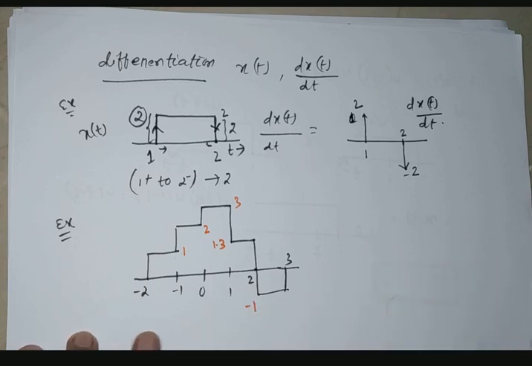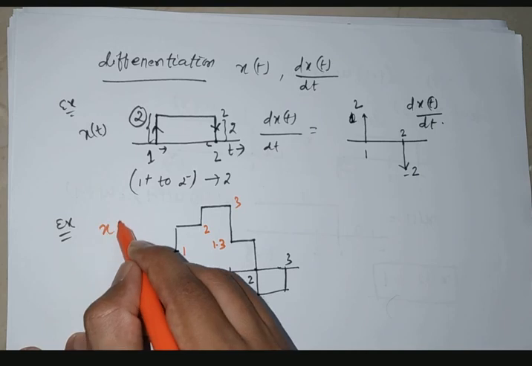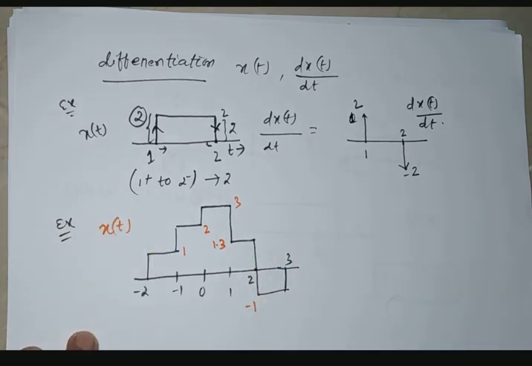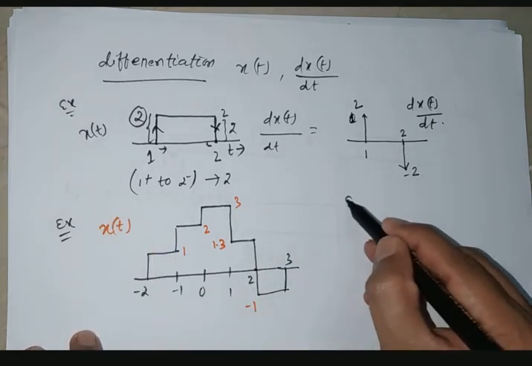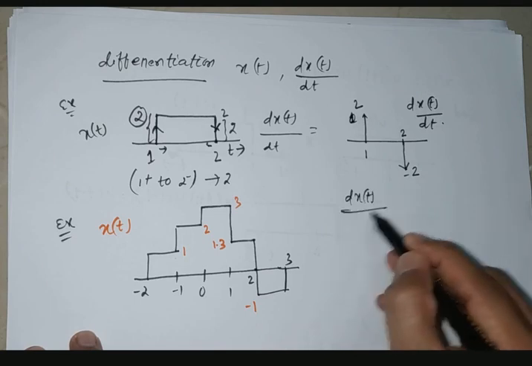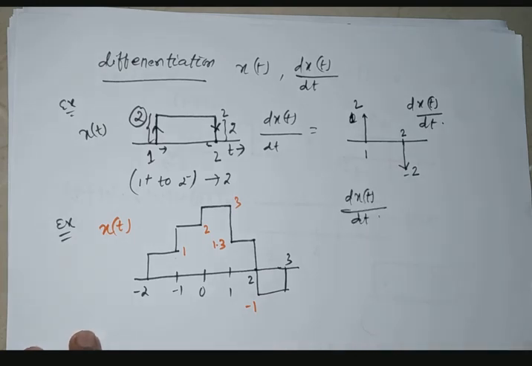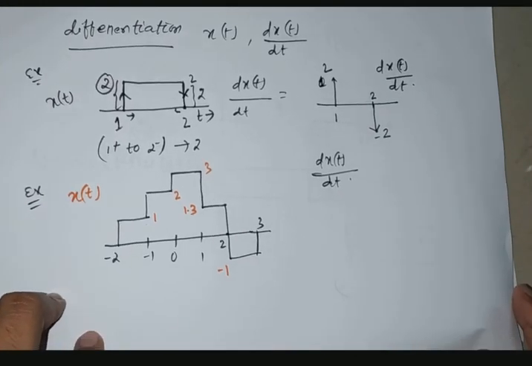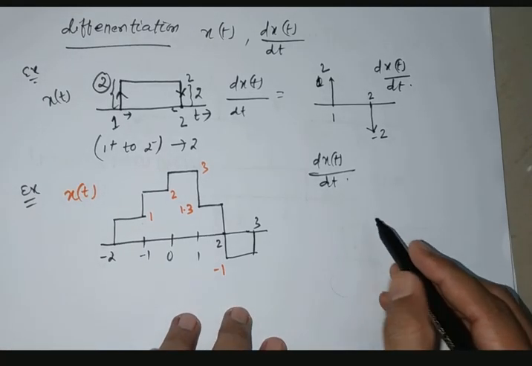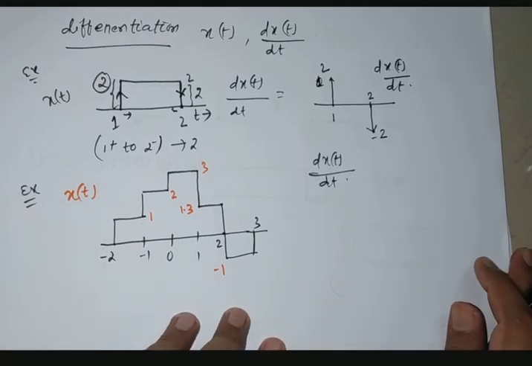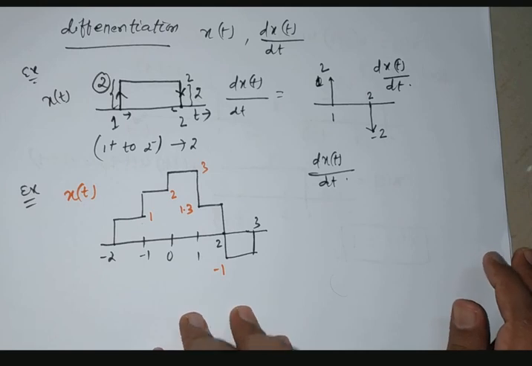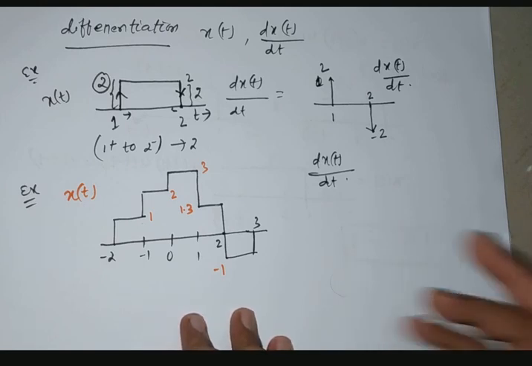Okay, clear? Now this is your x of t. Now I want to find dx of t by dt. Okay, so what will we get? See, I will follow the same process.